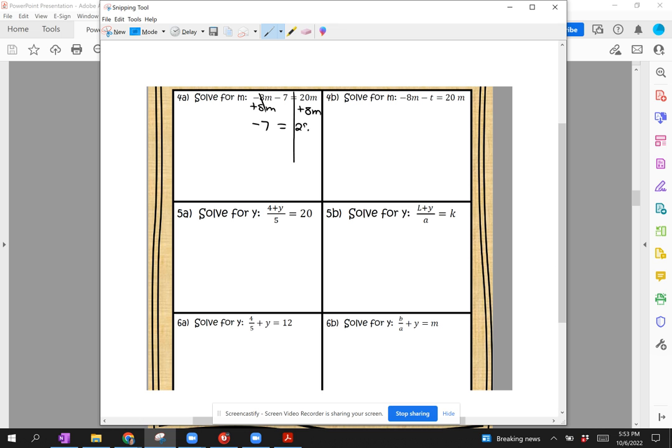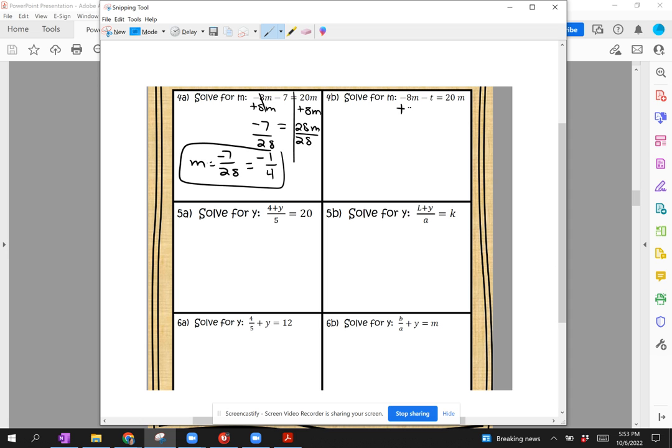So then we're going to get 28m. Divide by 28. Now you can leave it as m equals negative 7 over 28, or you can put that in the calculator and it reduces to negative 1 over 4. Either answer is acceptable and does not matter.